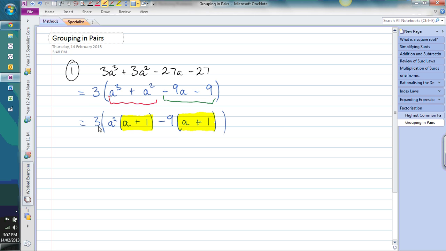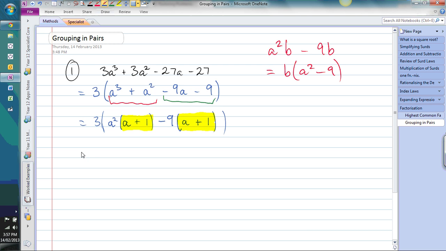Now I'm still ignoring this 3 and the outside set of brackets. I'm just concentrating on this middle part. If that was just a b or something, so if I gave you this problem, a squared b minus 9b, and said factorize that, it'd be pretty easy to see that I could pull the b out the front. In this case though, I don't have a b, I've just got an a plus 1, the thing that I've highlighted here.